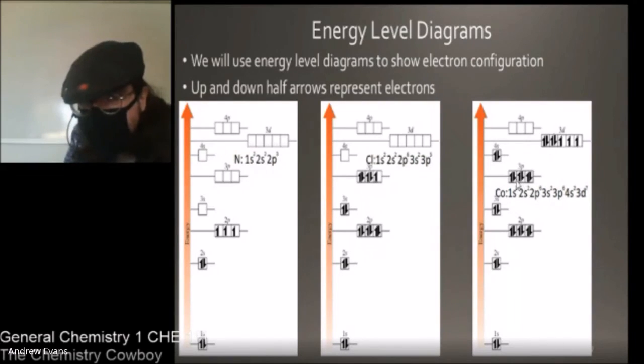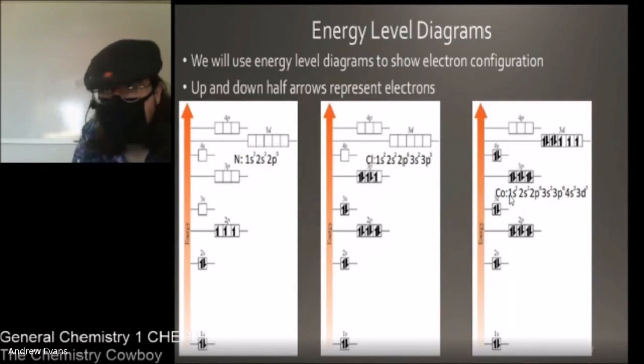So starting from 17, 18, finishes off that row. 19, 20, 21, 22, 23, 24, 25, 26, 27. So I'm just adding another 10 electrons to my chlorine. It goes 1s2, 2s2, 2p6, 3s2, 3p6, 4s2, 3d7.